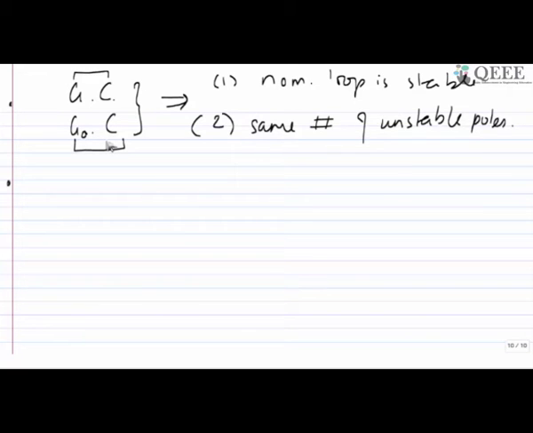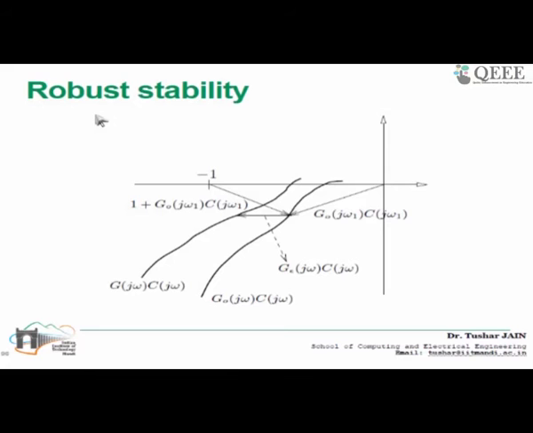Okay, this is what the Nyquist stability condition says. So let's look at the Nyquist stability curve, for example. This is the Nyquist plot of G naught into C, and this one is for the GC. You see how the Nyquist curve changes.